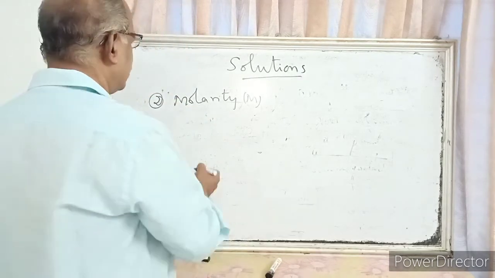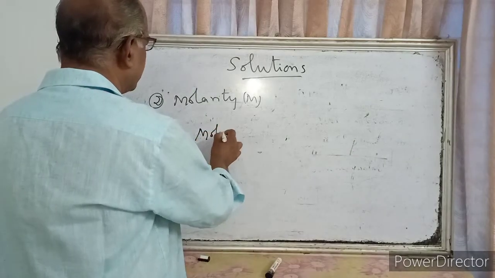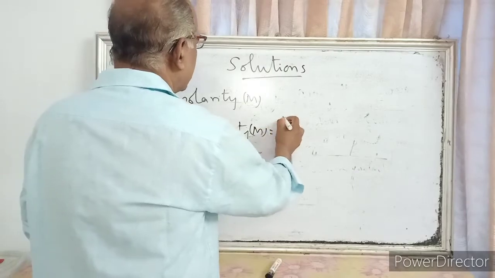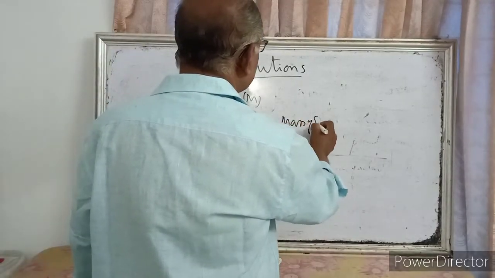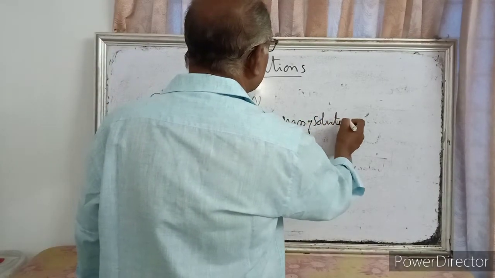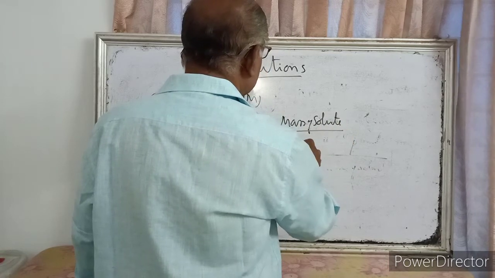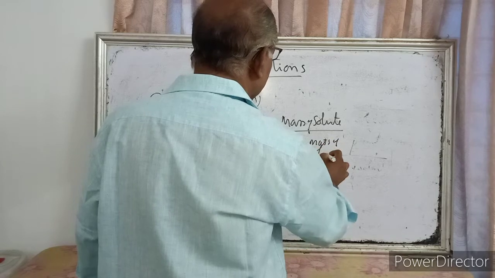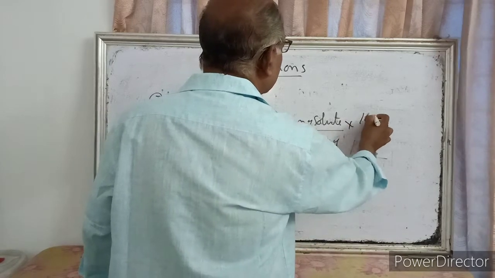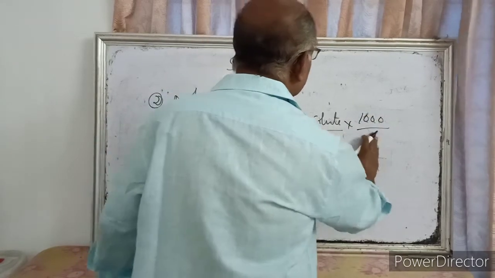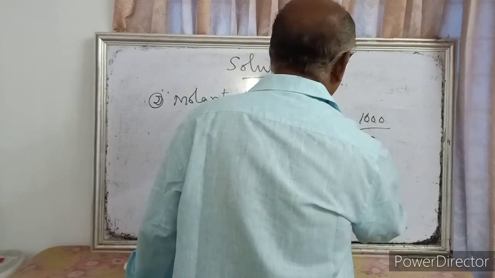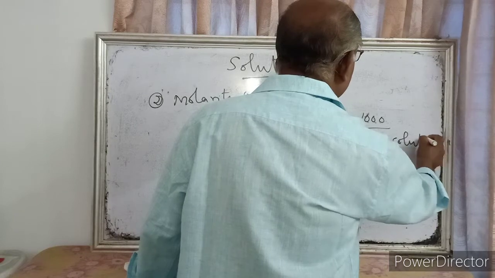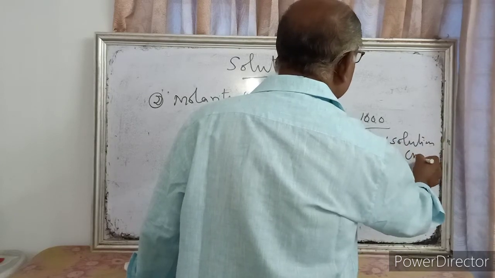So the method for calculation is molarity is equal to mass of solute by molecular mass of solute into 1000 by volume of solution in cm cube.